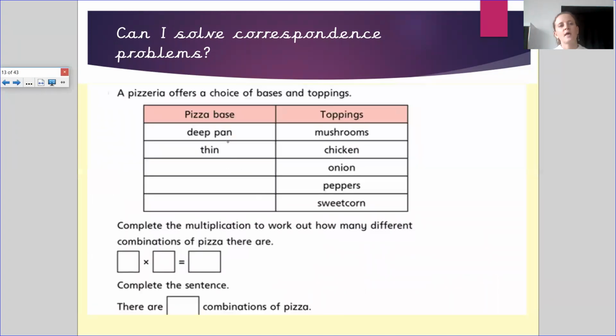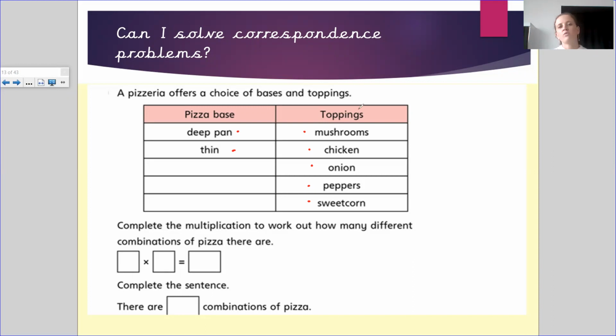Okay, so a pizzeria, that's a place that makes pizza, offers a choice of bases and toppings. So deep pan and thin base. Then we have mushrooms, chicken, onion, peppers, and sweet corn. Complete the multiplication to work out how many different combinations of pizza there are.